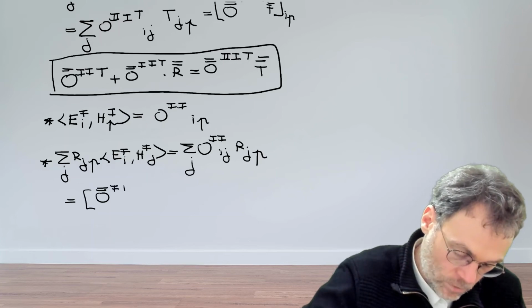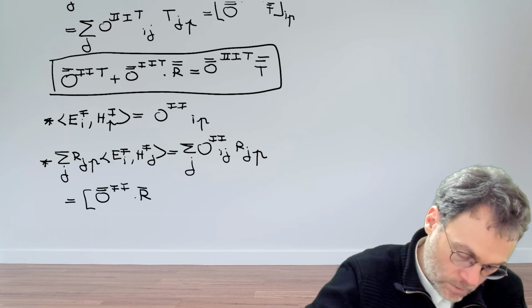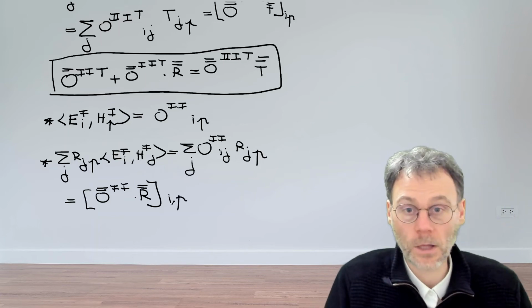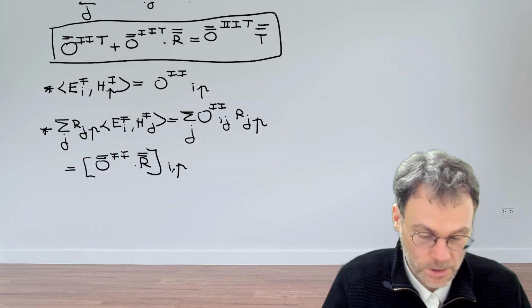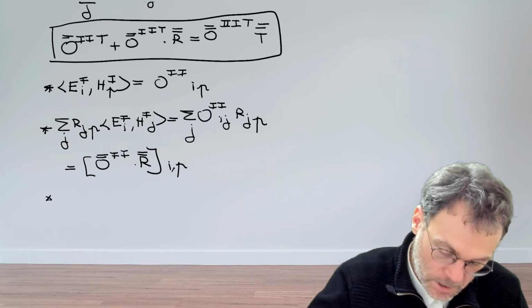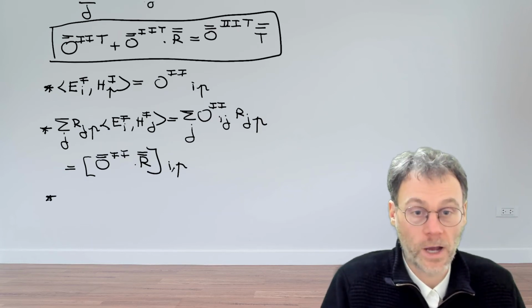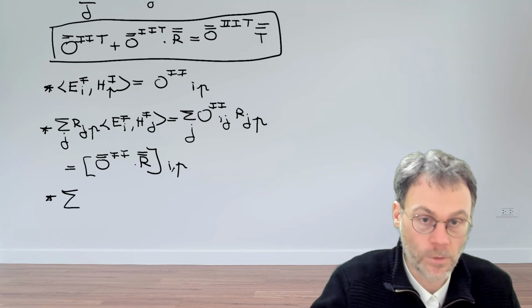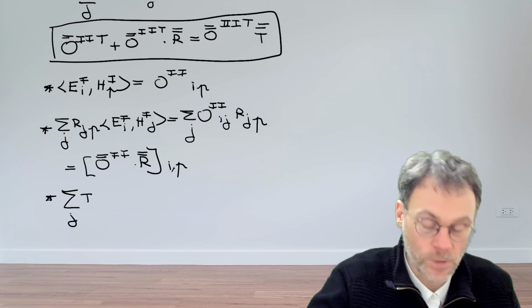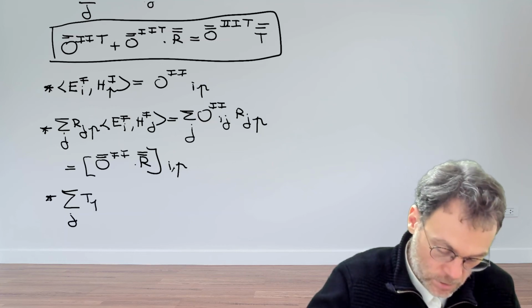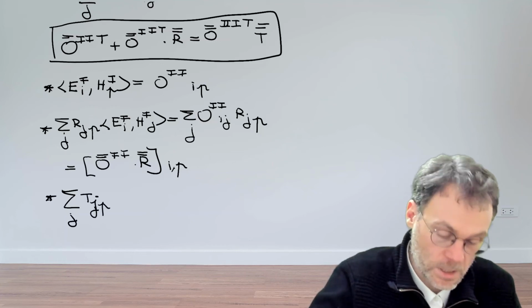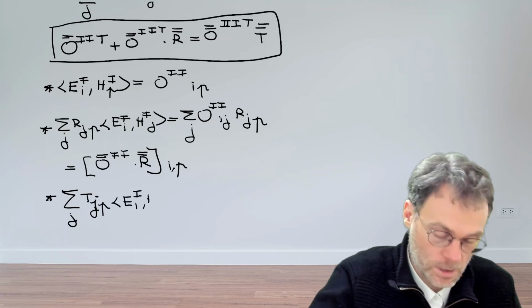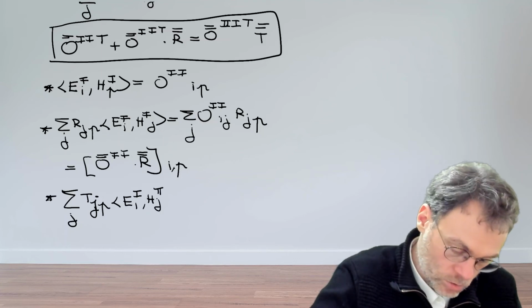So we have overlap 1 times reflection, ipth element. No need to have transposes at this point in time, so that's convenient. And then finally, for the last term, we have again a sum over j, transmission coefficients this time. So transmission jp, we have the overlap of E_i with H_j in medium 2.